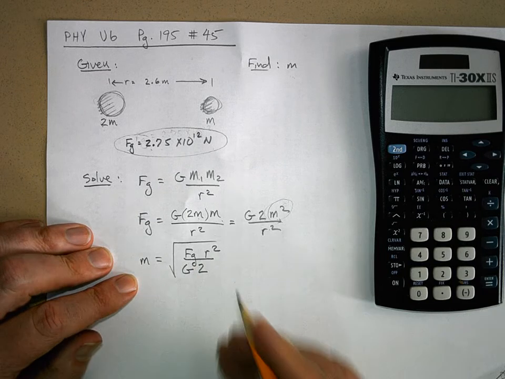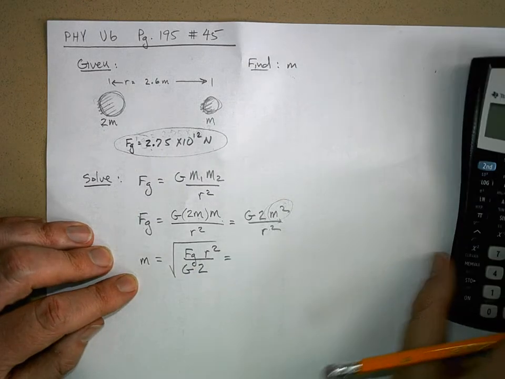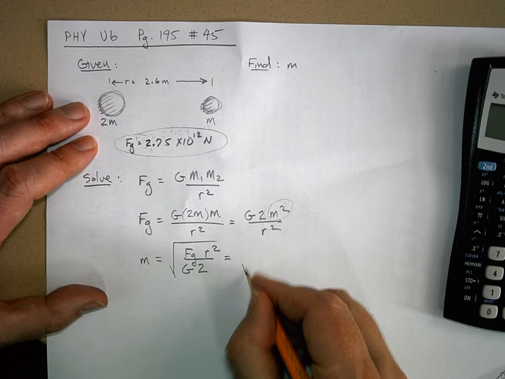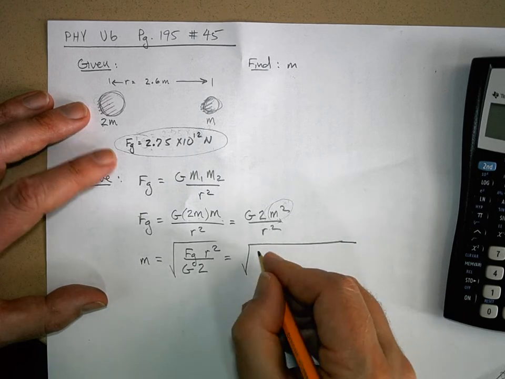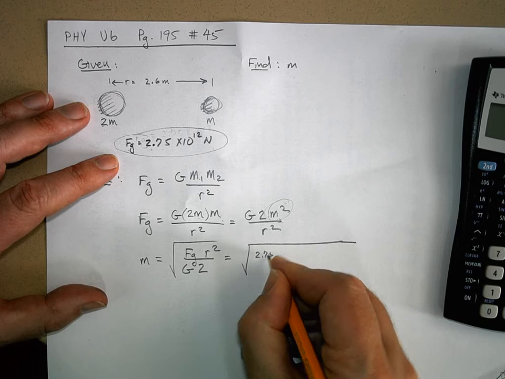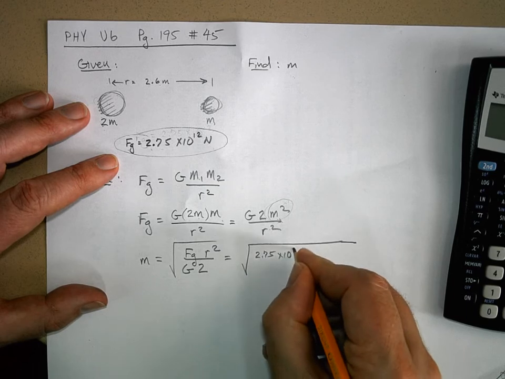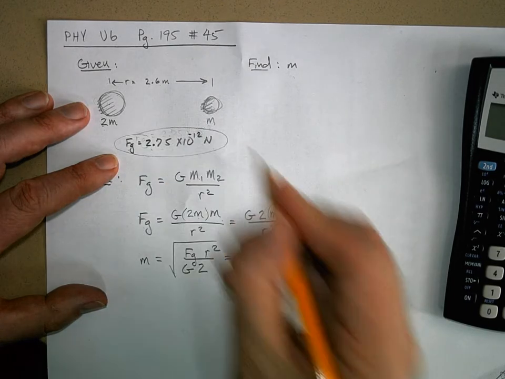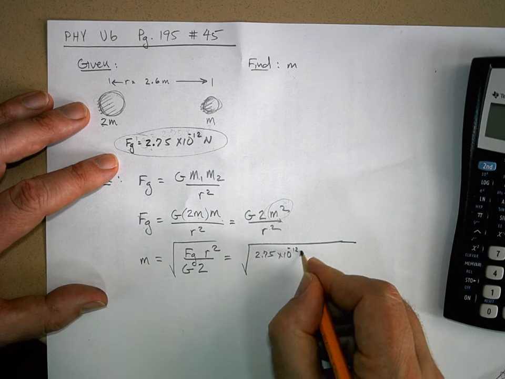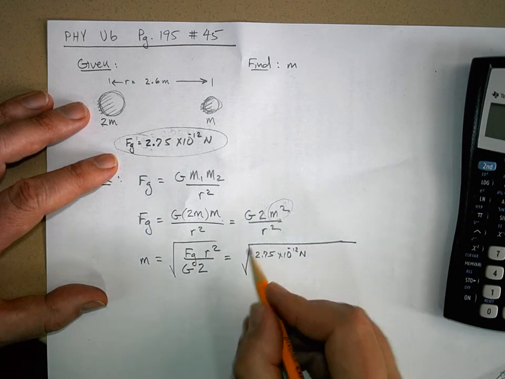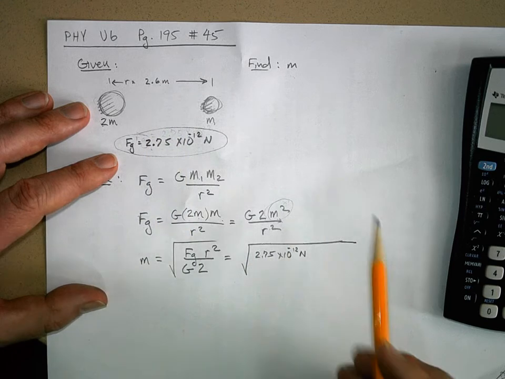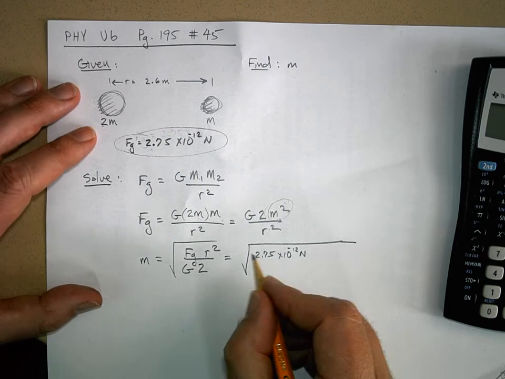And now everything is numbers. Long, annoying numbers, yes, but just numbers. The force of gravity is given to be 2.75 times 10 to the negative 12 newtons. If that was positive 12 newtons, these two things would have to be so massive they're like black holes or something.